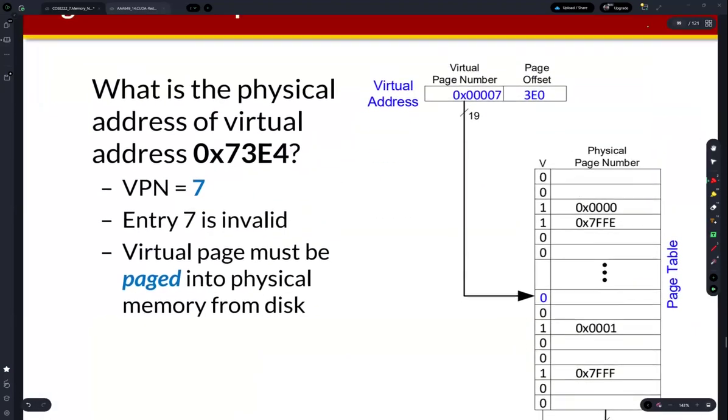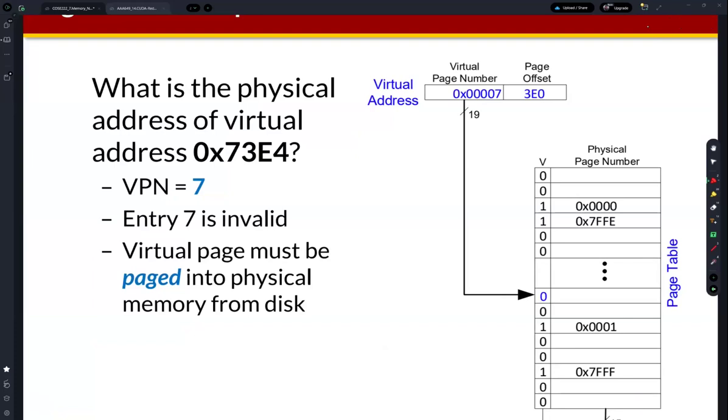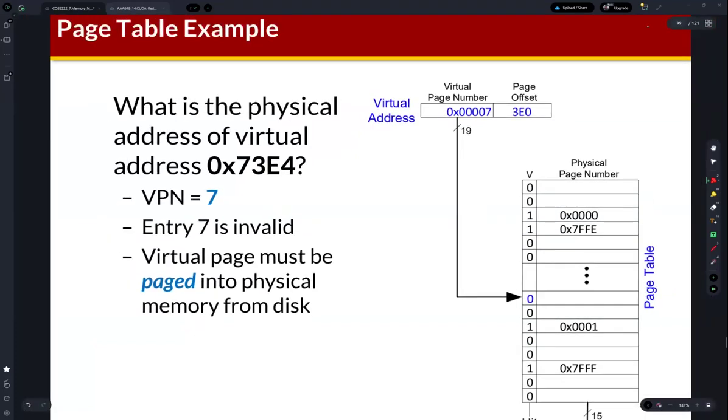Another example. What is the physical address of virtual address 73E4? In the same way, the lower 3 digits of a hexadecimal number are the page offset. So this is the page offset, and the VPN is 7.